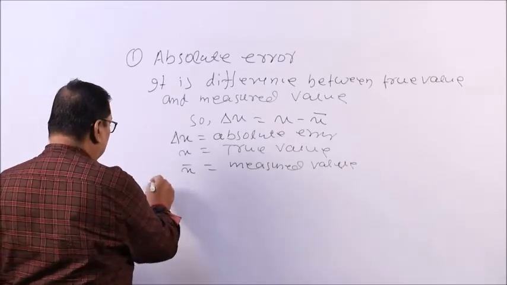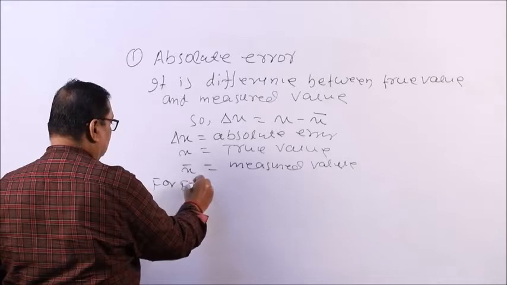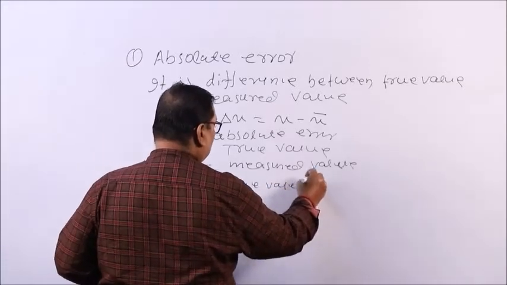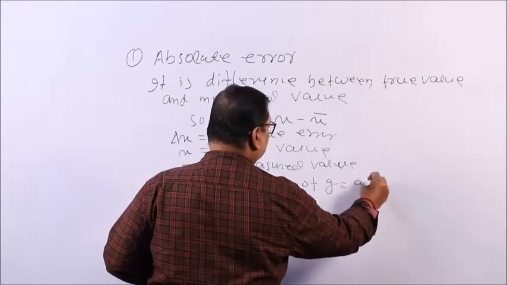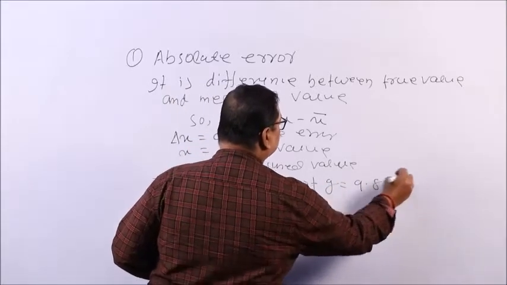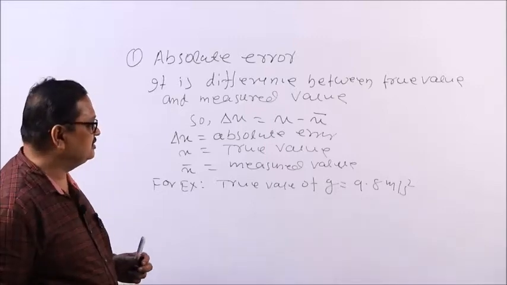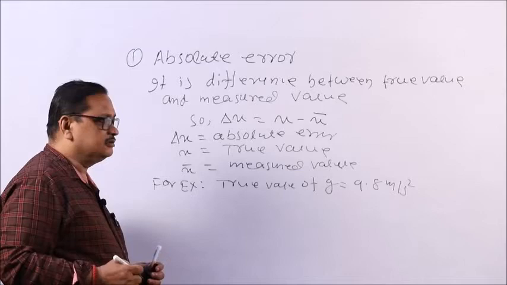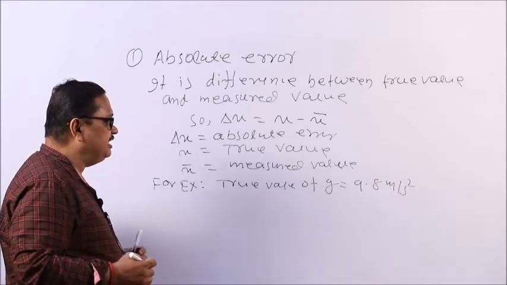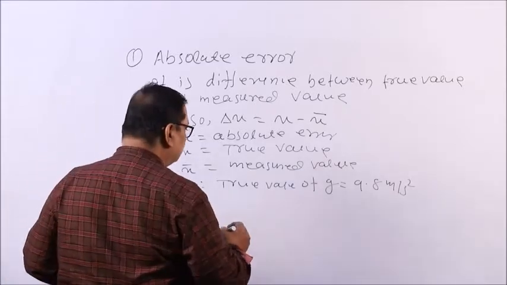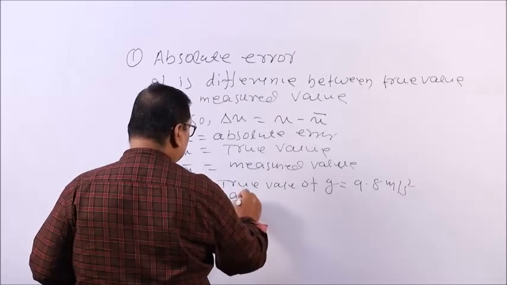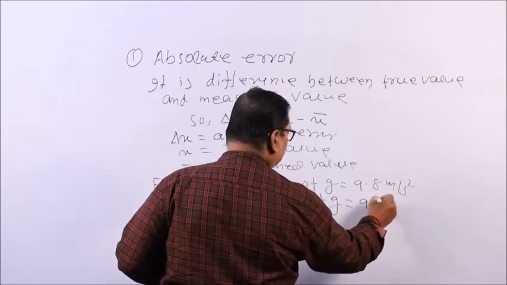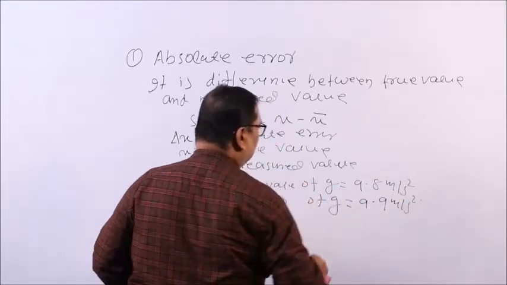For example, the true value of g, acceleration due to gravity, is 9.8 meter per second square on the earth surface. This is the standard value. In the laboratory you are finding the value of g using instruments. Suppose the measured value of g is 9.9 meter per second square.